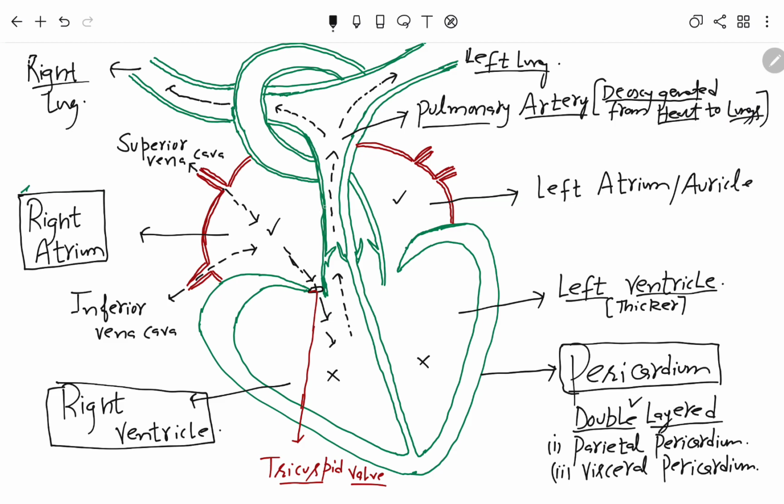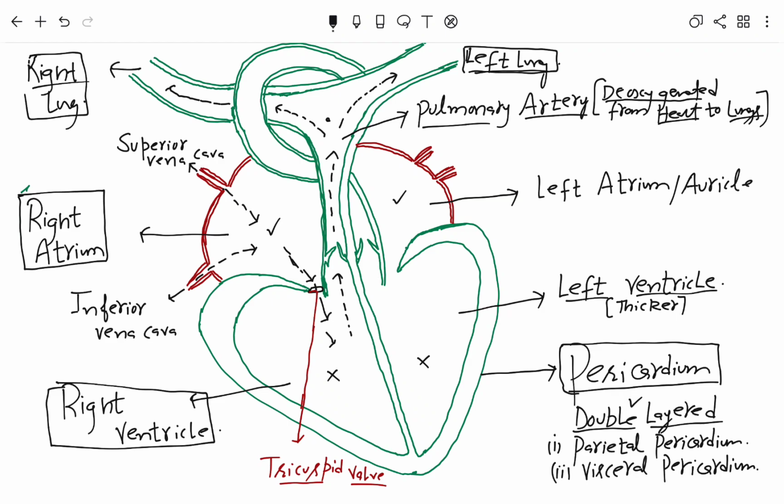And before going to the lungs, as we have a pair of lungs, this pulmonary artery over here is bifurcating into two parts. One branch is going towards the left lung, another is going towards the right lung. What is the purpose of sending this blood towards the lung? Because we know that lung is actually our respiratory organ where the exchange of gases will occur.